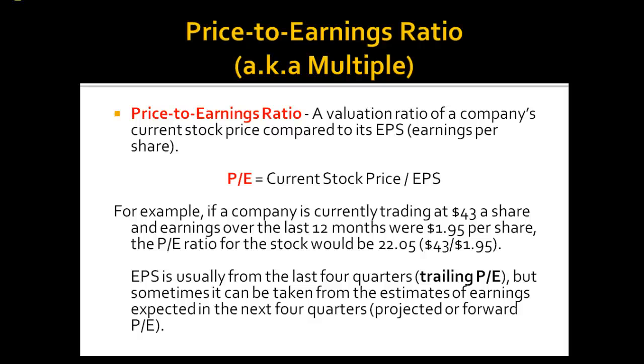Okay, that's the trailing PE. But sometimes it can be taken from the estimates of earnings expected in the next 4 quarters, which is called the projected or forward PE. So just make sure that you base a lot of your decisions on trailing PE, because the forward PE is not always accurate.